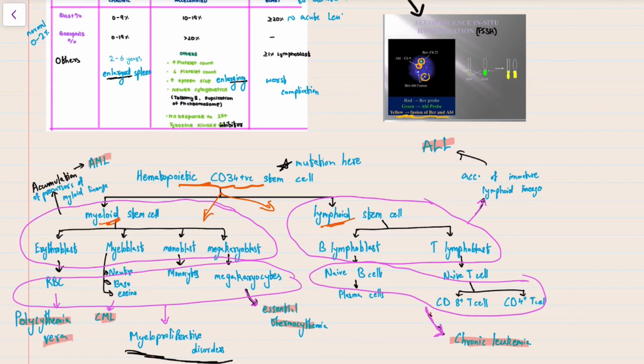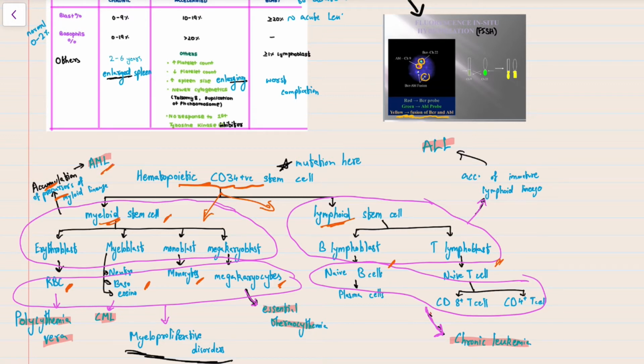From the myeloid come the RBCs, the granulocytes, the monocytes, and the megakaryocytes. From the lymphoids come the B lymphocytes and the T lymphocytes, okay? When there's accumulation of immature myeloid cells, the precursors of myeloid lineage, that is the erythroblast, myeloblast, or the myeloid stem cells, that causes acute myeloid leukemia, okay?